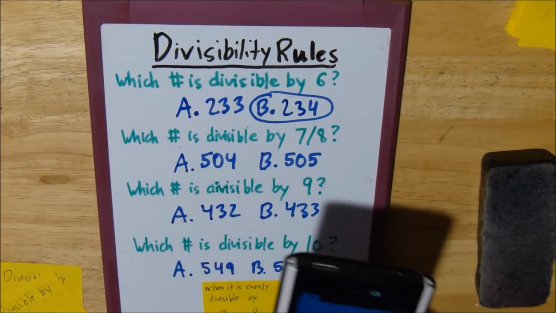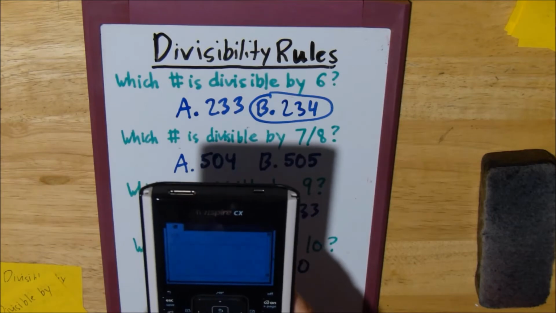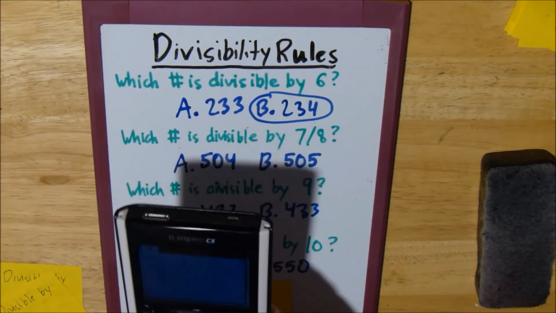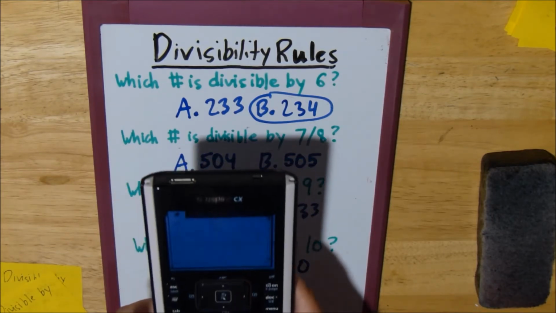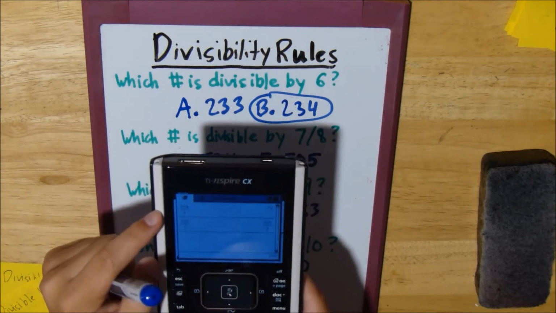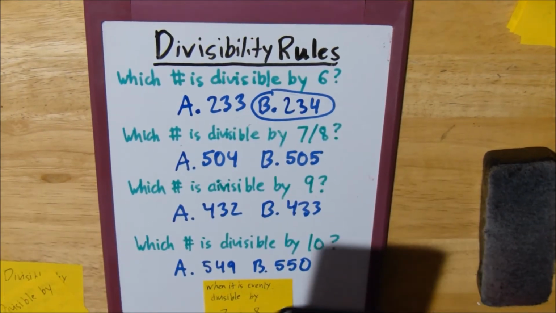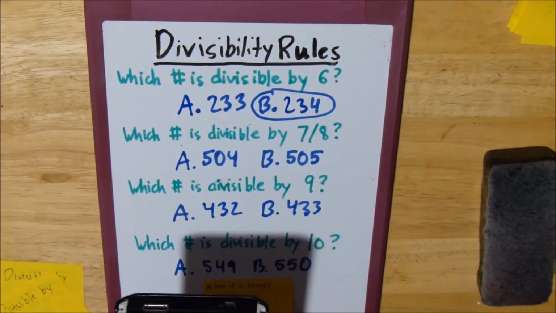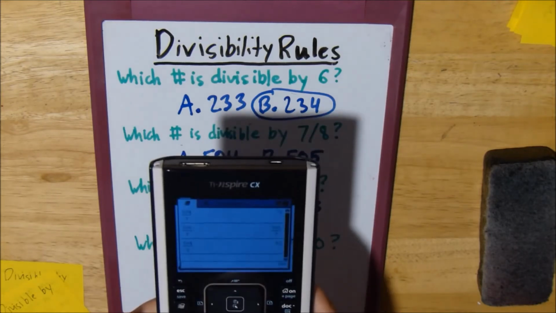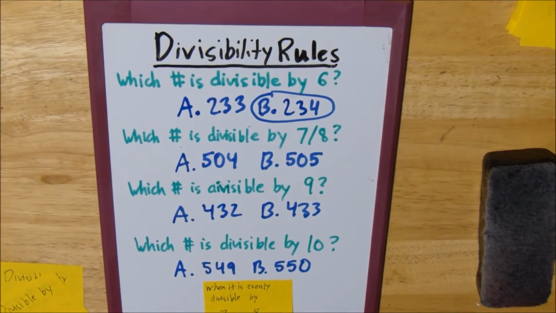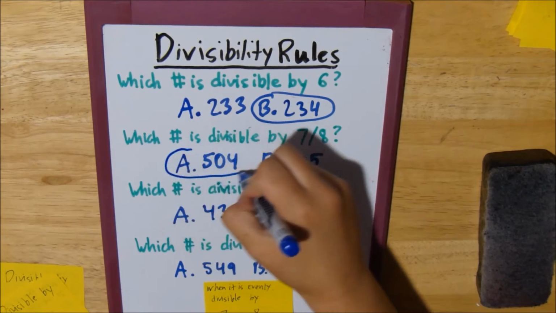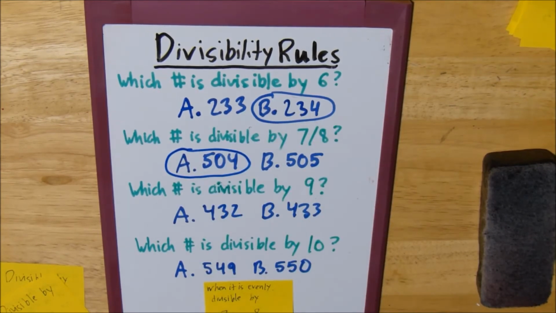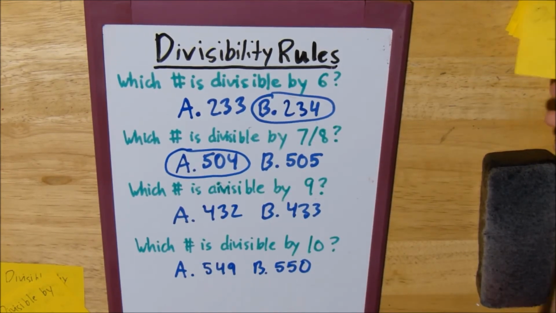Let's just divide both numbers. 504 divided by 7 and 505 divided by 7. So we can see that 504 is divisible by 7. I'm pretty sure I picked a number that's divisible by 8 too. Yes, I did. So, yeah, there's no rule. It's kind of lame. But, I mean, there's rules for everything else.